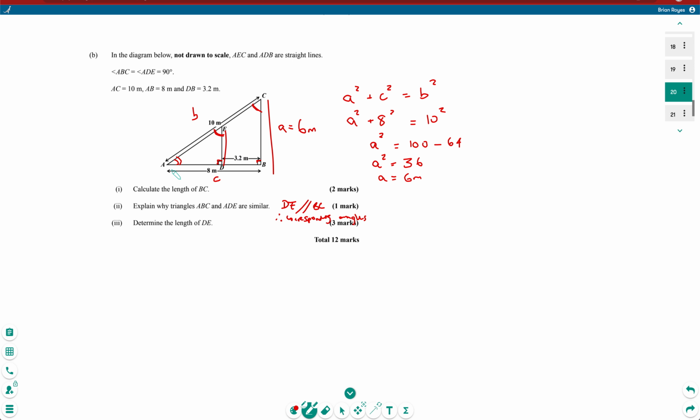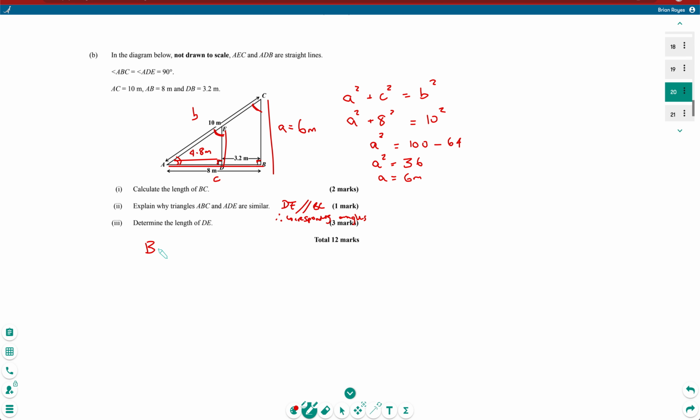So we know that the big base is 8 meters, but do you know how long the small base is? Well, you can figure that out, because if this is 3.2, you can find this as 8 minus 3.2. So 8 minus 3 is 5, 5 minus 0.2 is 4.8. So that's 4.8 meters.